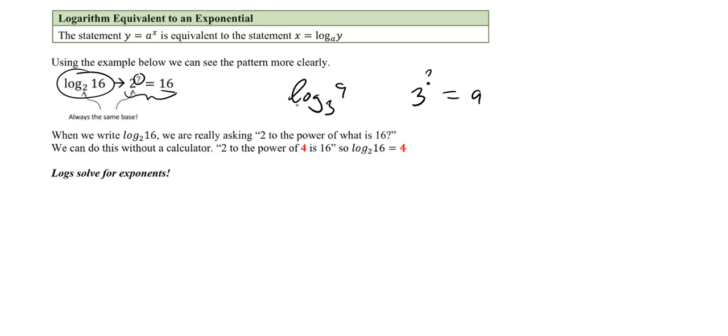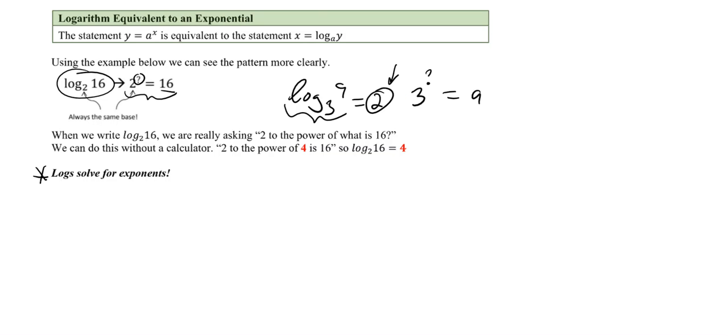So in this case, when you see something written out as log base 3 of 9, that's just a number. And in this case, 3 to the power of 2 is equal to 9. So log base 3 of 9 is actually just equal to 2. Logs solve for exponents, right? That's what logs do whenever we're using them.